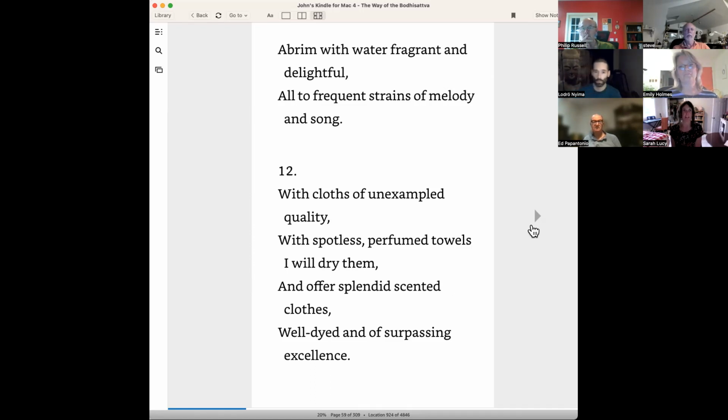Abrim with water fragrant and delightful, all to frequent strains of melody and song. With cloths of unexampled quality, with spotless perfumed towels I will dry them, and offer splendid scented clothes, well dyed and of surpassing excellence.